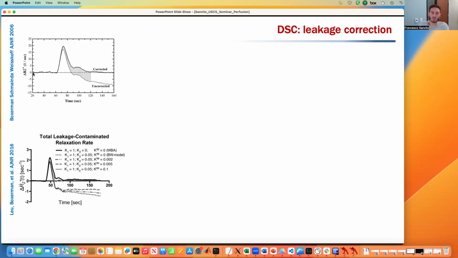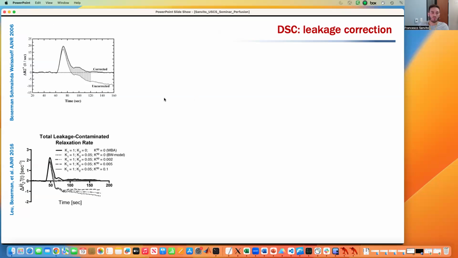It makes no sense because this is a change in contrast agent concentration. So think about you have zero contrast and then you inject the contrast, you have this contrast over time curve and the contrast concentration becomes negative. The concentration of a compound in a voxel can never be negative, of course. Well, this is not the concentration, this is delta R2* over time, but it's supposed to be proportional to the concentration.